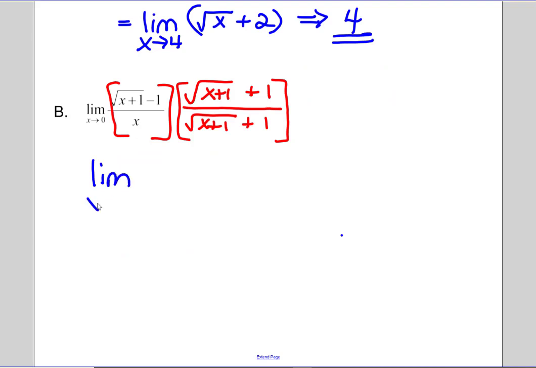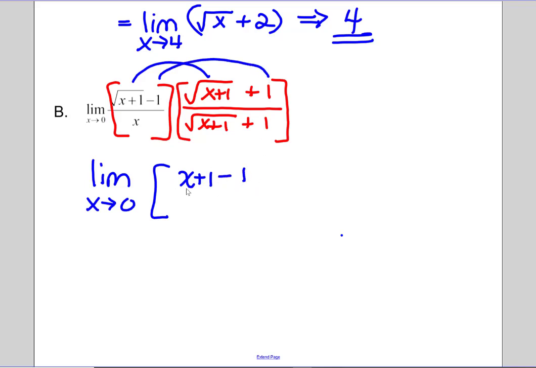So our limit as x approaches 0, if you distribute for the first two terms, we're going to end up with an x plus 1, no radical, and then this positive 1 and this negative 1 term. They cancel, add up to 0, and then minus 1.